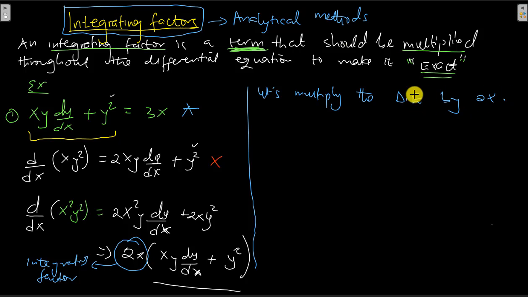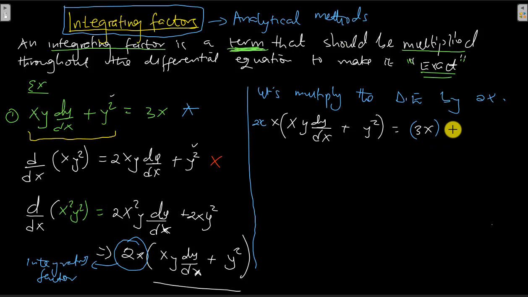So we write the differential equation, xy dy/dx + y² = 3x, and then I'll multiply all of this equation by 2x.